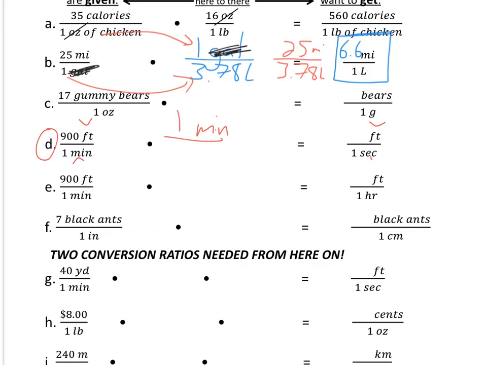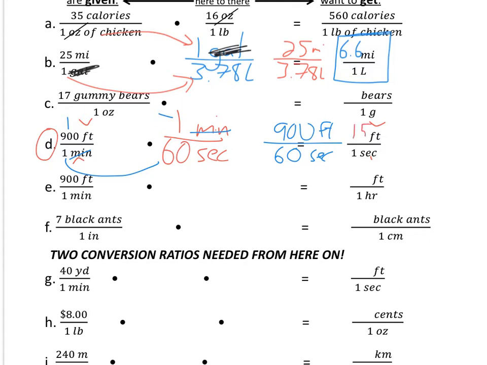So if I put 1 minute on top and 60 seconds on the bottom, I can cross out the minutes and I end up with 900 times 1 is 900 divided by 1 times 60 is 60. If I plug that into my calculator, I get 15 feet per second.